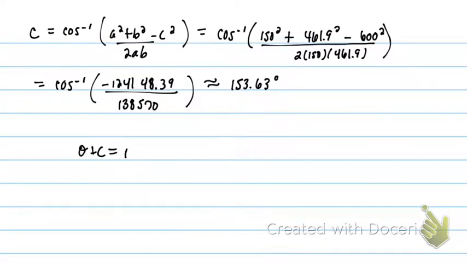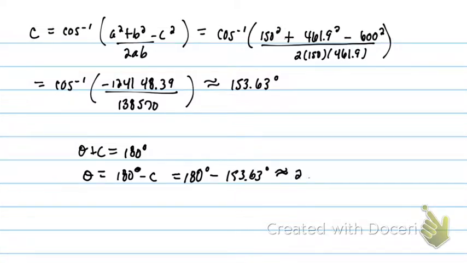So theta is going to be 180 minus C, which is 180 minus 153.63. How much? 26.37 degrees. So you'd say, oh, okay, to get back on course, I need to turn the boat 26.37 degrees. Does that make sense?